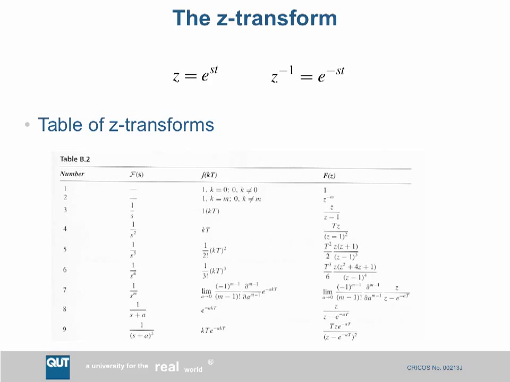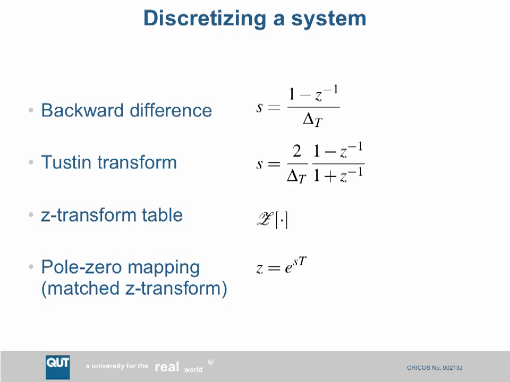Now, we looked at a number of different ways to discretize a continuous time system, and the simplest one is we said, okay, s represents derivative. So let's make the simplest derivative operator we can think of, which is up there, the backward difference operator, and we substitute that in for s, and we can turn a continuous time system into a discrete time system. And then we can do this with increasing levels of finesse. So the Tustin transform is a more polished or sophisticated version of that.